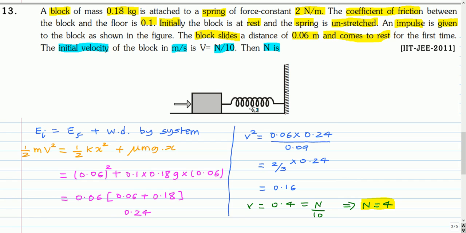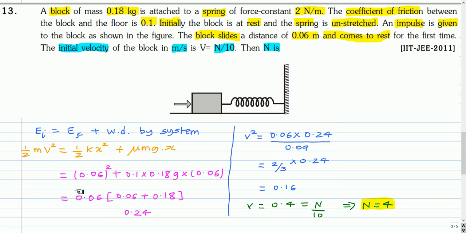In that case, for the system of the mass and the spring, the kinetic energy is 0, but the energy has got stored in the spring as potential energy, and that value is half k x square. And there is some work done by the block while moving the distance x against the friction. So there is friction force into the distance, and the distance is the same as the compression of the spring x, and the friction force is mu mg.